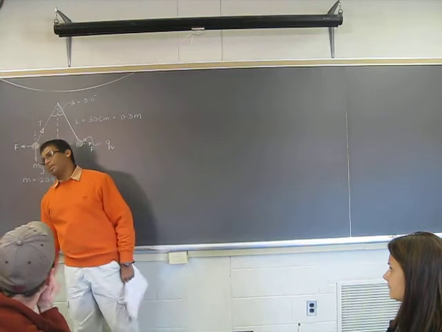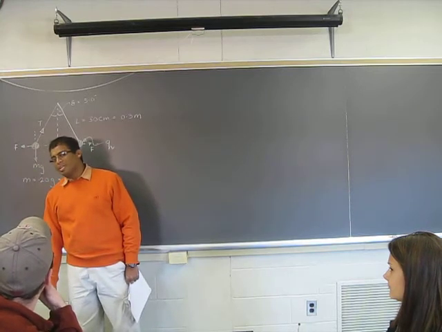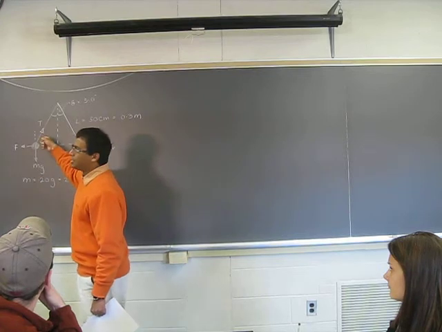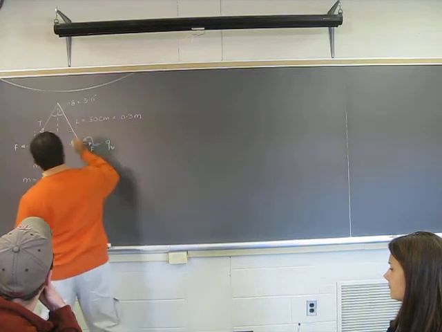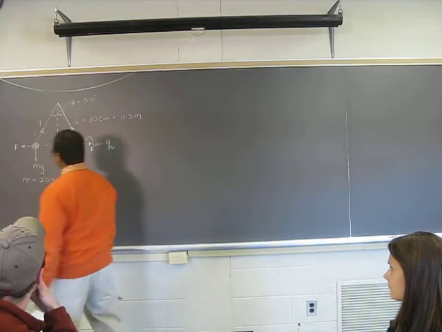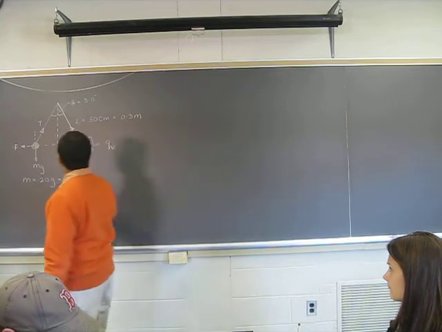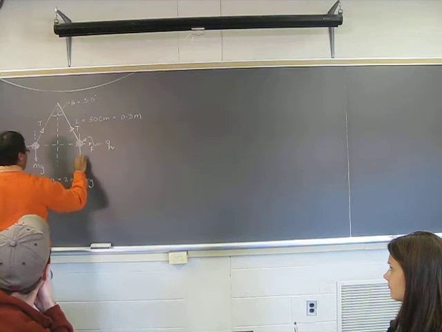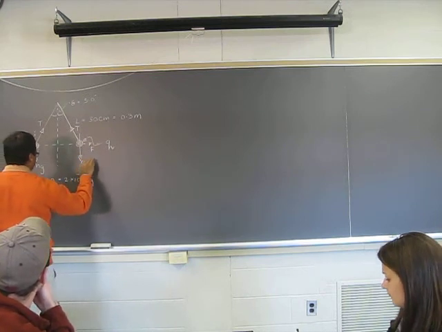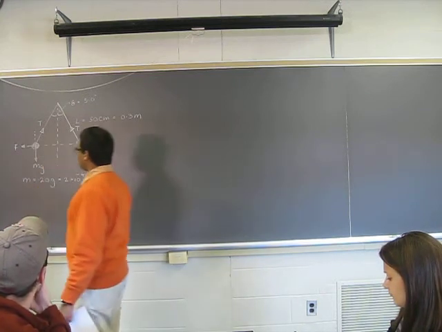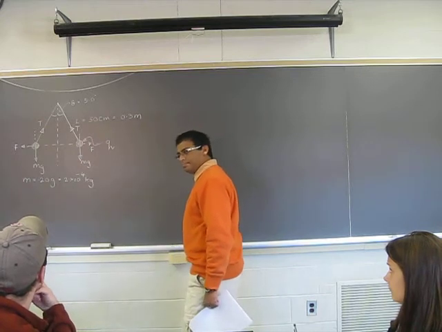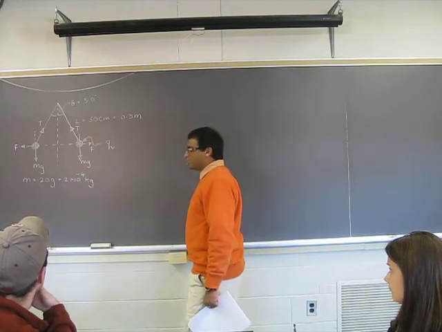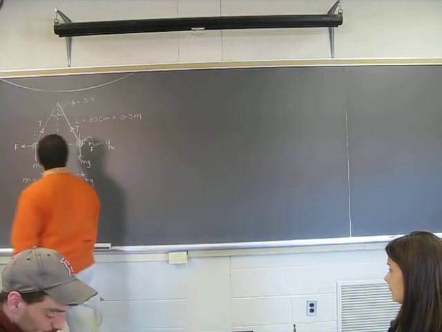This is going to go this way. So we need a third force to balance this, and that obviously is our tension. Same goes in this direction, tension. So what we have right now is our free body diagram. Good, right? Things look good so far.